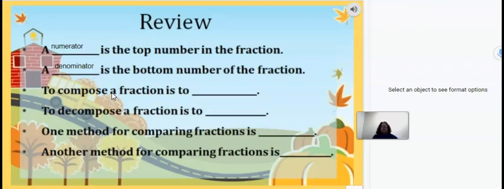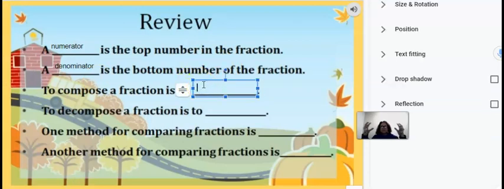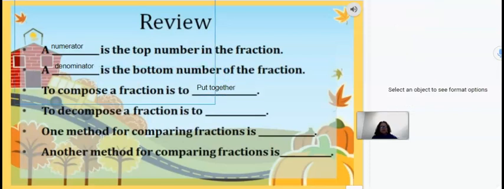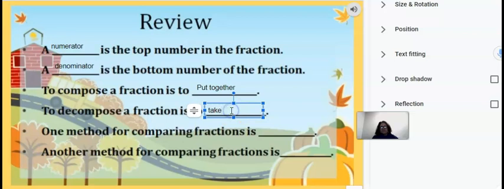All right, and what does it mean to compose a fraction? That means that we are going to put it together. And to decompose, that's the opposite. What does that mean? Right, it's the opposite. You're taking it apart.